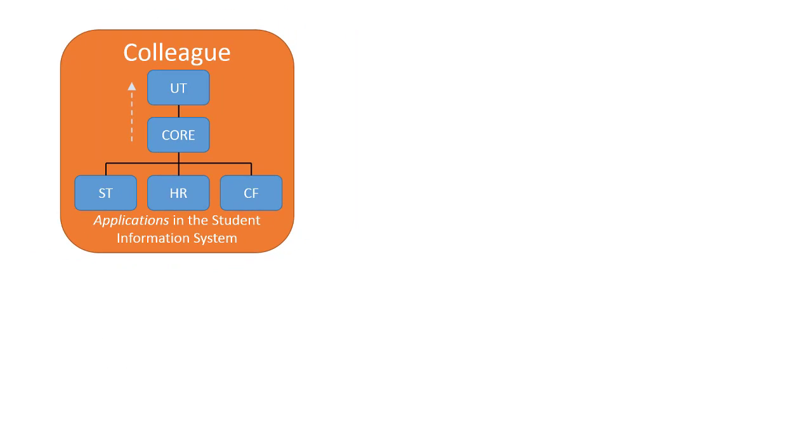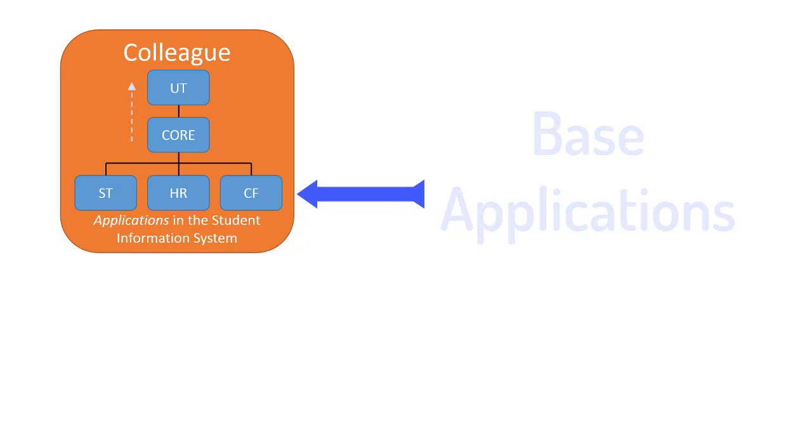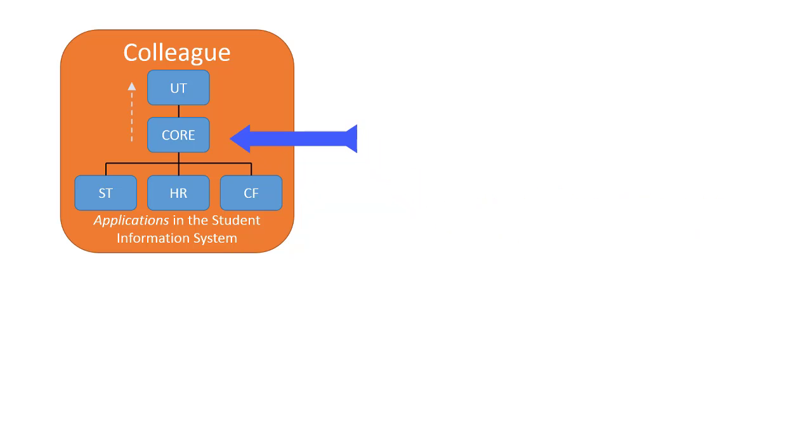Our student information system, Colleague, is comprised of a tree structure of applications that contain the various tables that make up the system. At the base are the Student, ST, Human Resources, HR, and the Colleague Financial, CF, applications. You may also have an application called Colleague Advancement, CA.